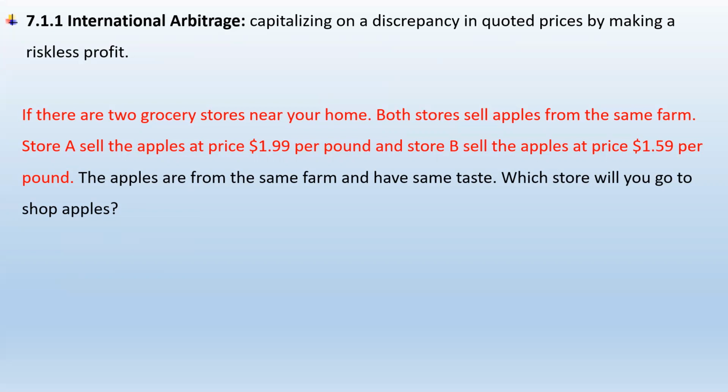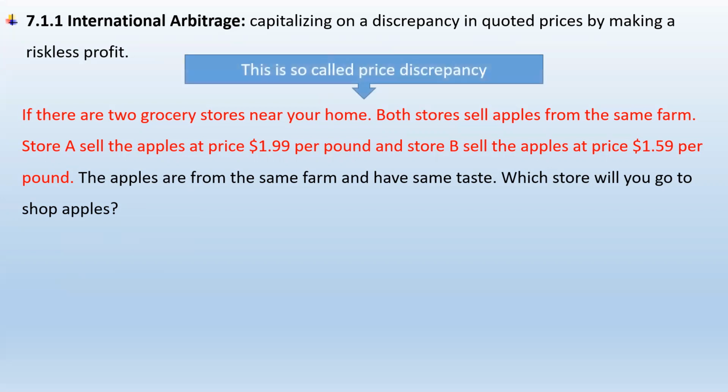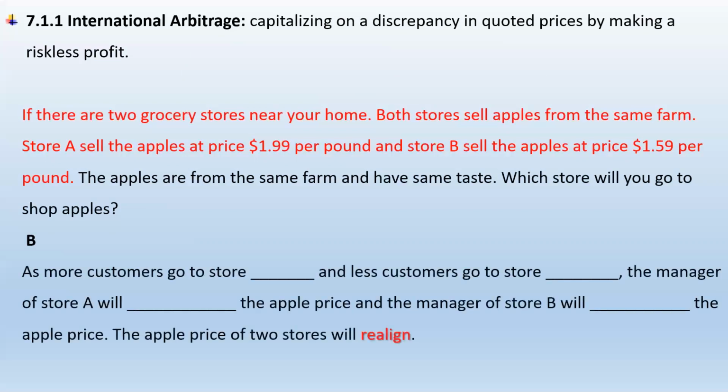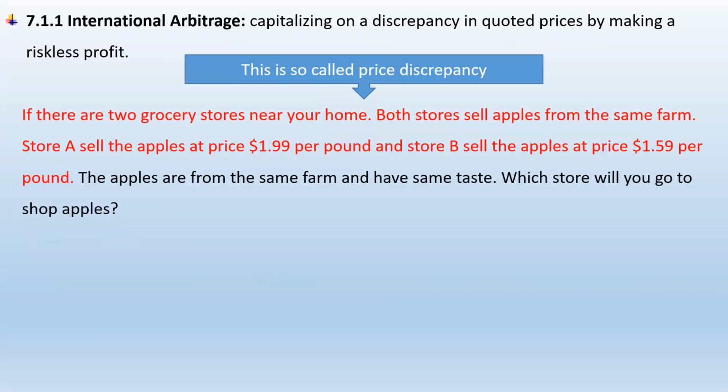So in this case, if the apple has exactly the same taste and quality, as a rational consumer, what you will do is buy it from store B because the price is cheaper. And the price difference between those two locations, two grocery stores, is called the price discrepancy.